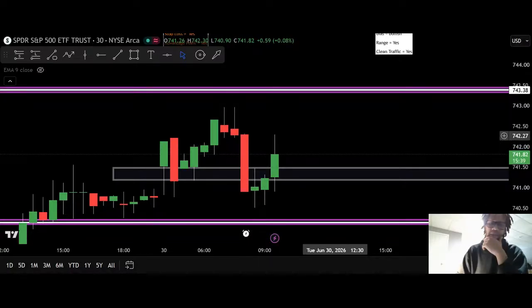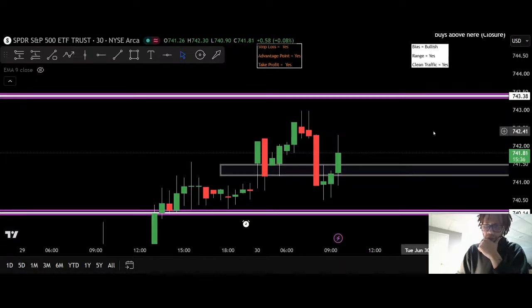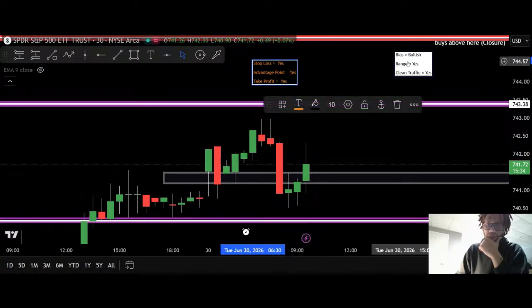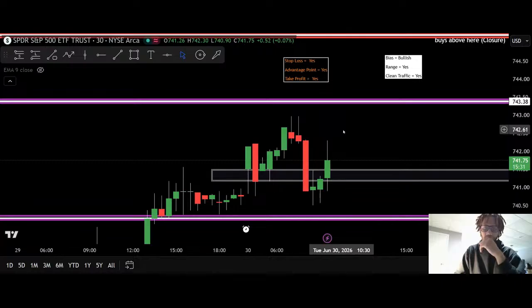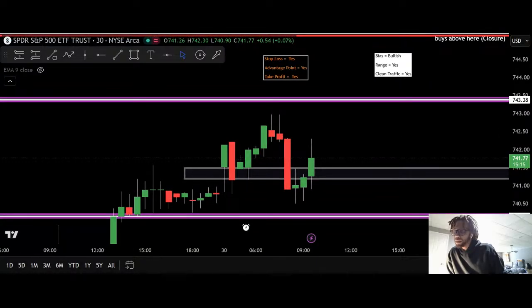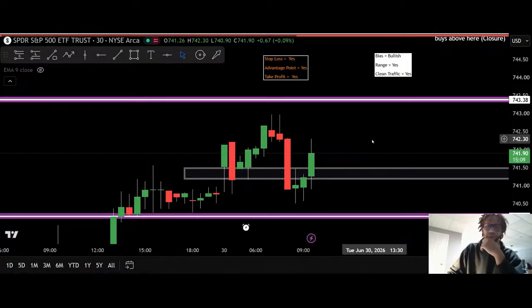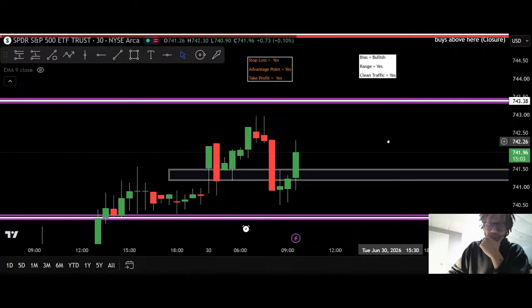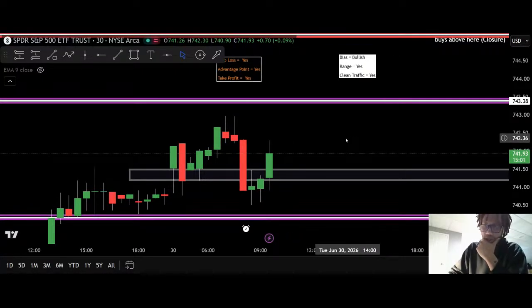I got 40 seconds for the 15-minute candle to close. Five seconds for the first 15-minute candle closure.